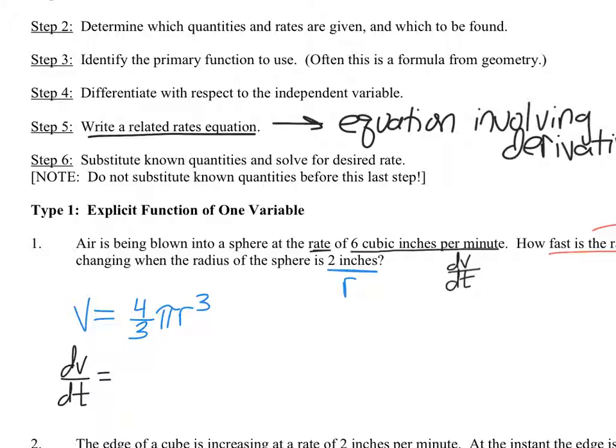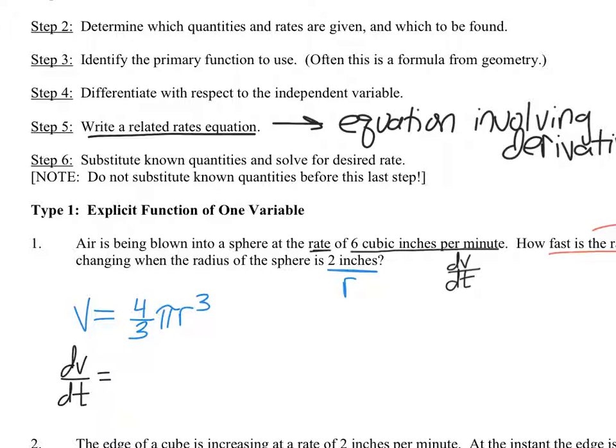All right. So then the question would be, now that I'm taking the derivative with respect to time, what do I do? Well, I basically have to treat each of these variables the way I treated y in implicit differentiation, because y is being differentiated with respect to x. So there was always that dy/dx that got slapped on. x was being differentiated with respect to x, so we didn't have to worry about it.